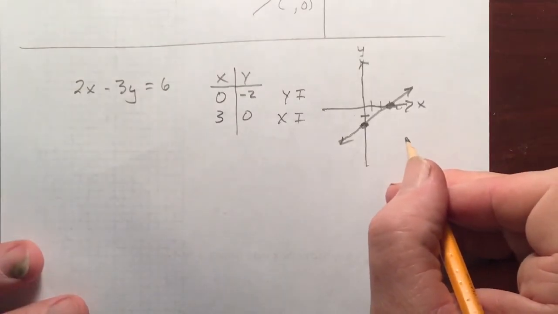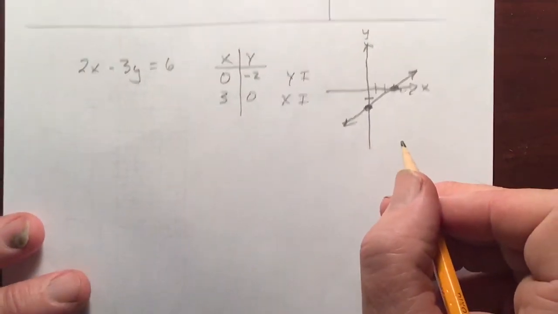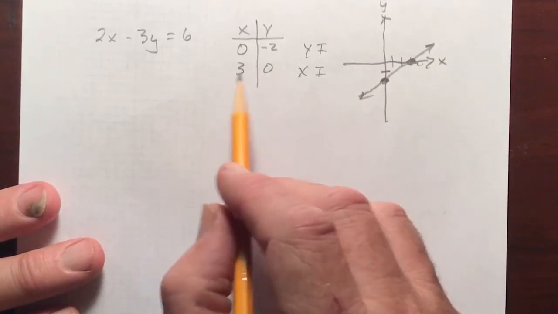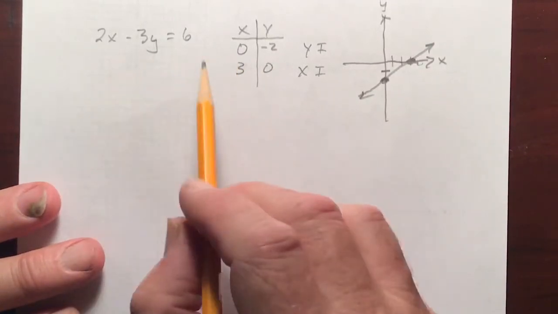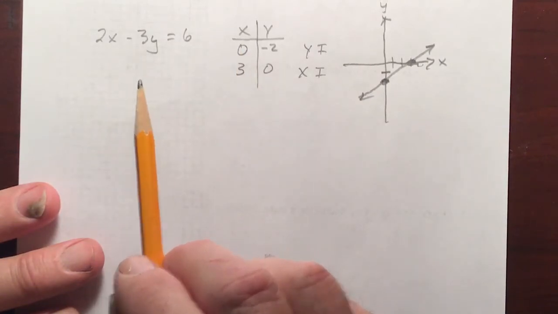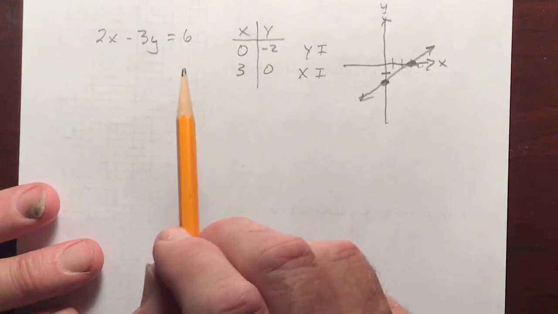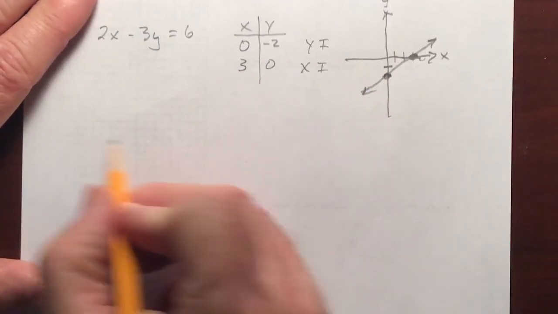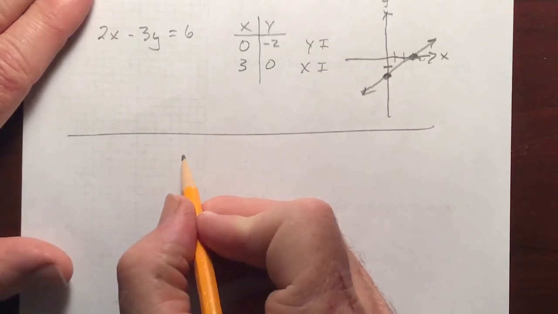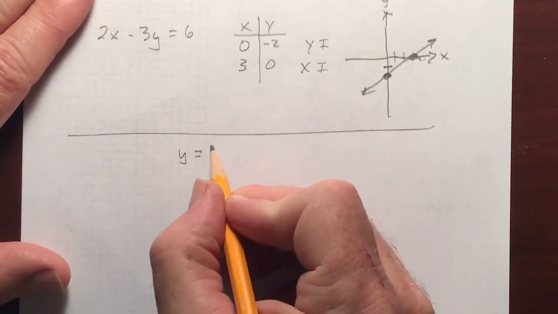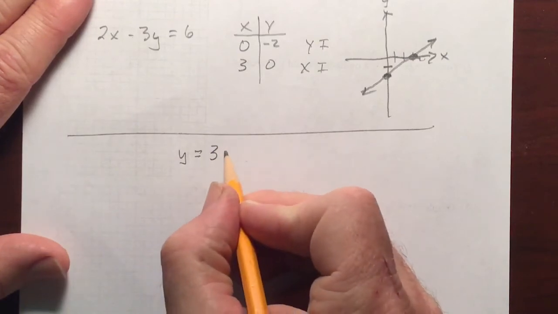All right, this one, there's a couple of cases where you'll be given an equation like this, and the x and the y-intercept will be at the same place, and that's going to give you a problem because you only have one point. Okay, so what I mean by that is, let's say you've got something like y is equal to 3x.